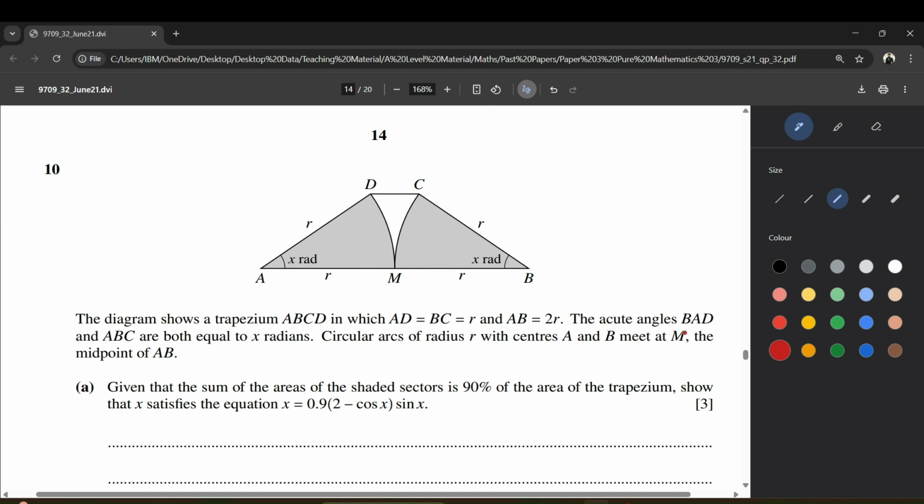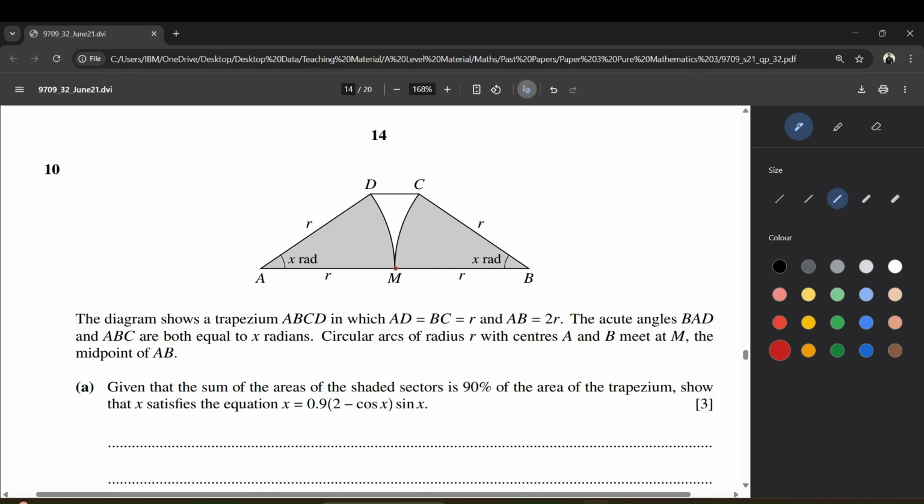Okay, the acute angles BAD and ABC are both equal to x radians. Okay, so the acute angles BAD, this one, and ABC rather, this one. Circular arcs of radius R with centers A and B meet at M.